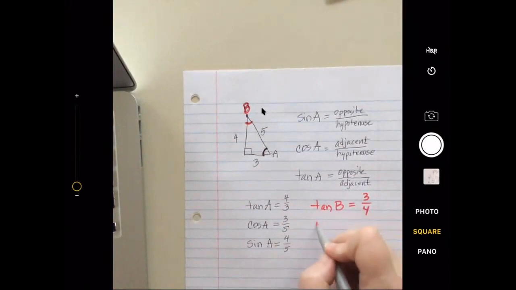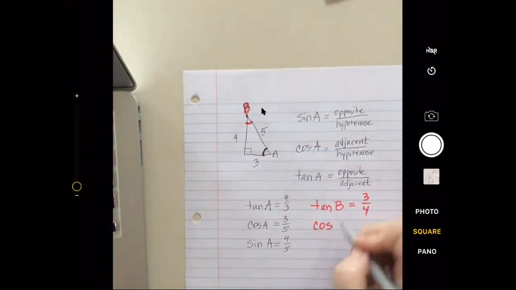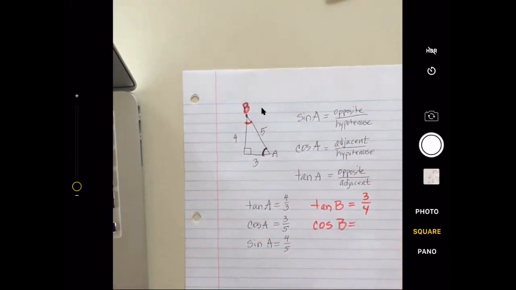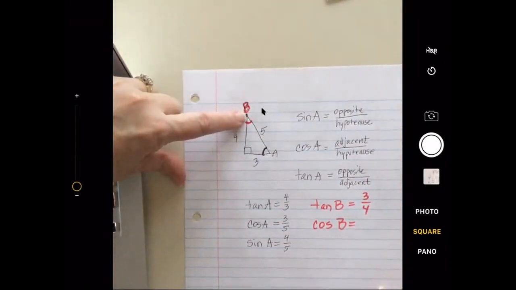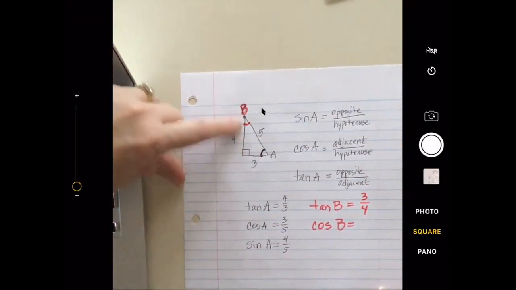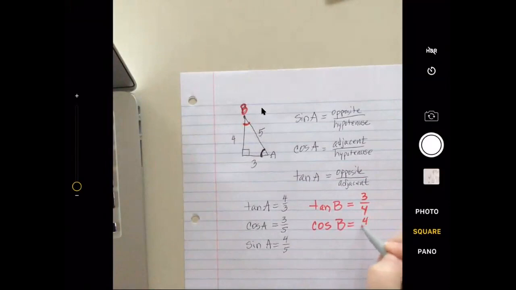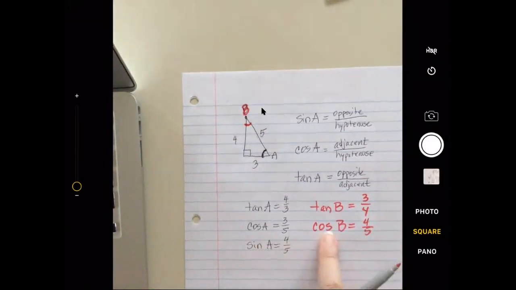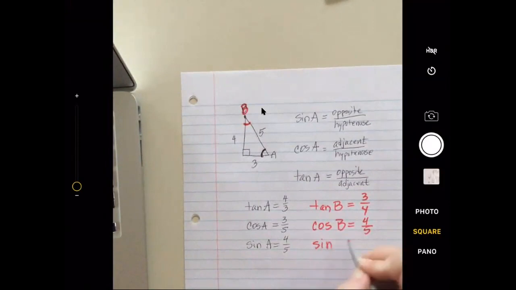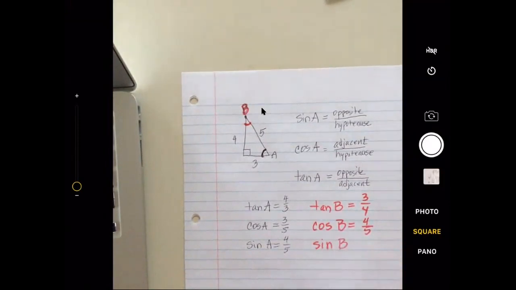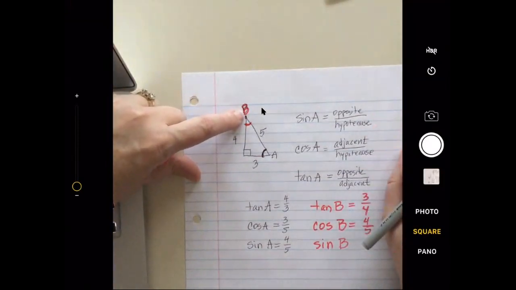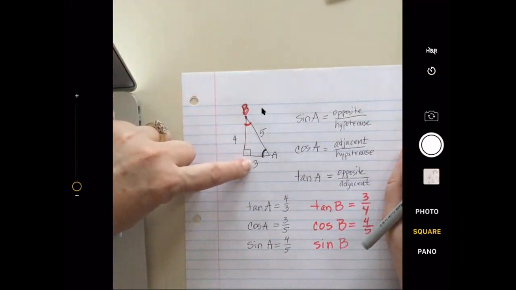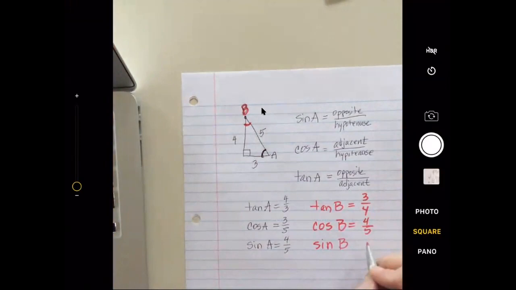The cosine of B is adjacent over hypotenuse, the leg touching B, 4 over 5. Sine A and cosine B are the same. And the sine of B is opposite over hypotenuse, 3 over 5.